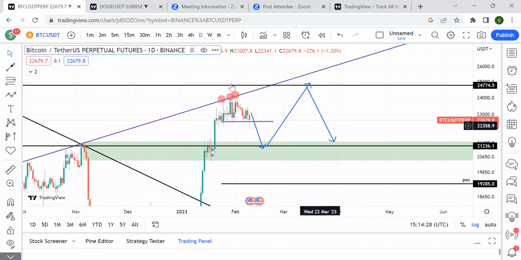So that is my whole plan right now. I'm waiting for that daily closing here. After closing, we will see how price reacts here and what price did here.